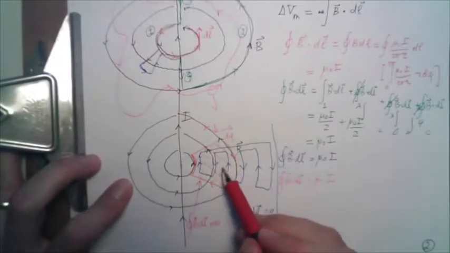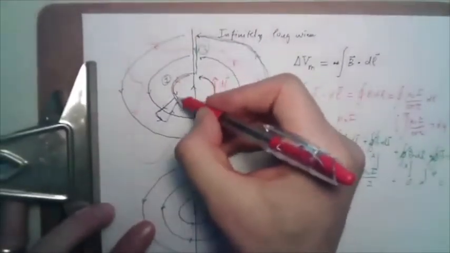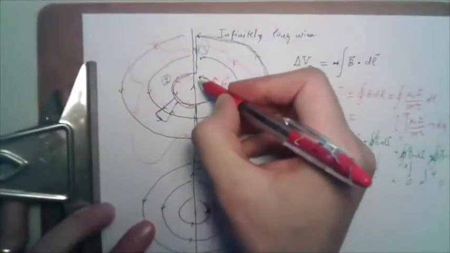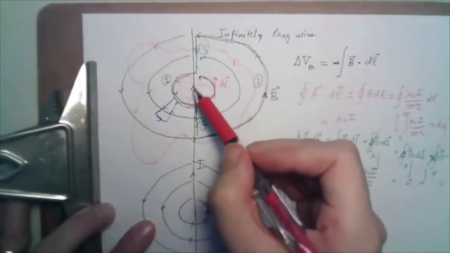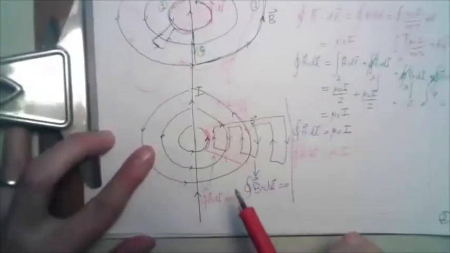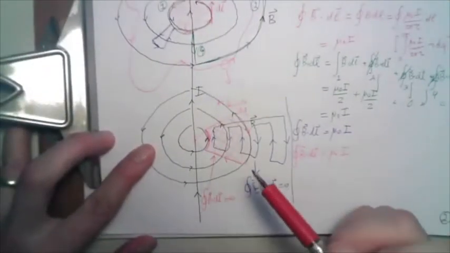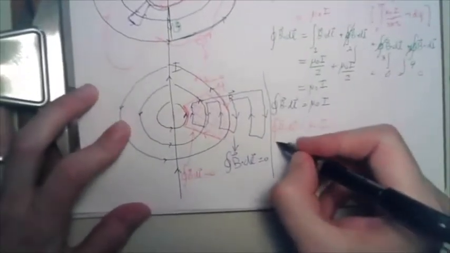In this case, this wire doesn't poke a hole in the membrane, whereas for all of these other paths, this wire goes through that soapy membrane. So that is going to give you a non-zero result, and this is going to give you 0. So finally, we are at Ampere's law.